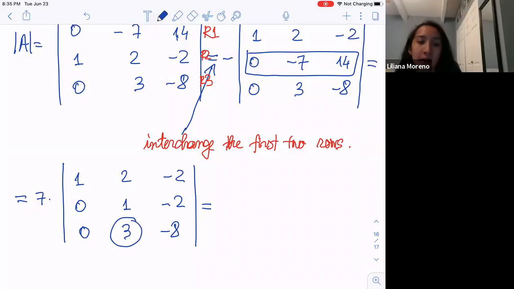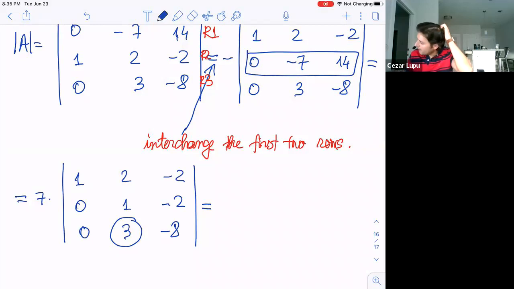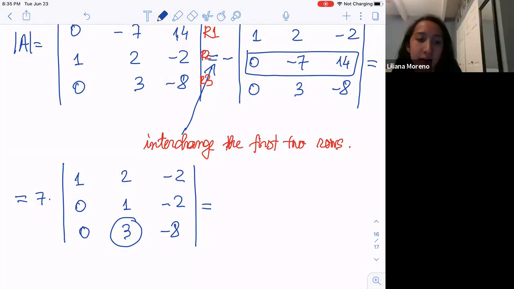What should I do? Multiply row 2 by -3, and then add that to row 3 to get a new row 3.